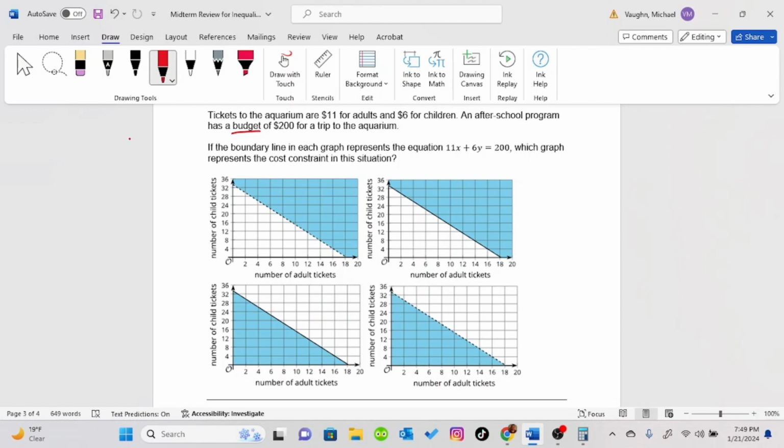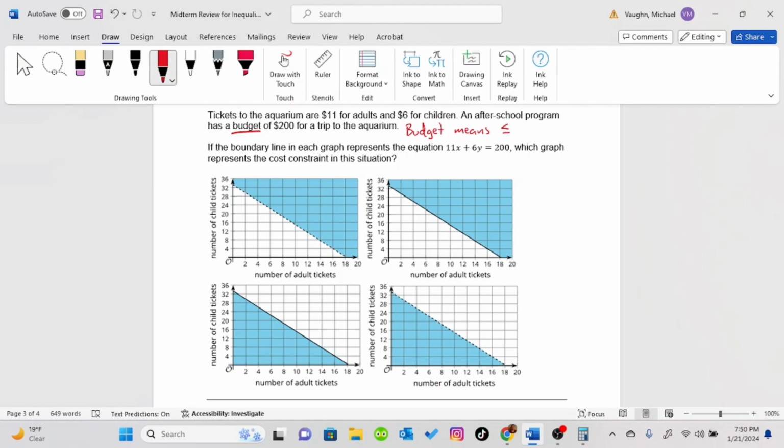Anytime you see the word budget, budget means less than or equal to. If you have a budget of $200, you can spend less than $200, or you can spend exactly $200.